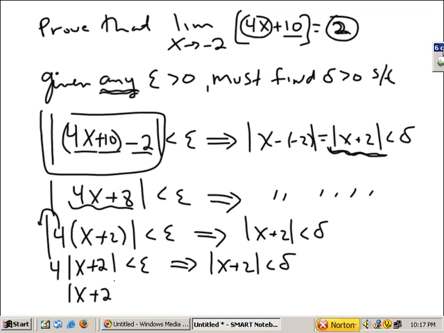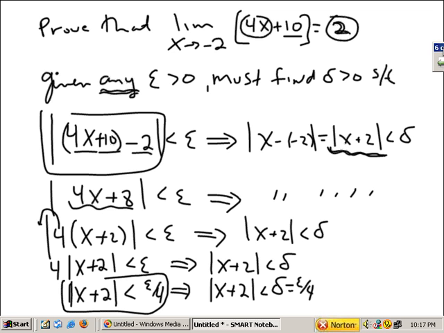The absolute value of x plus 2 is less than epsilon over 4, implies that x plus 2 is less than delta. Oh, if this is less than epsilon over 4, does that imply that this is less than epsilon over 4?